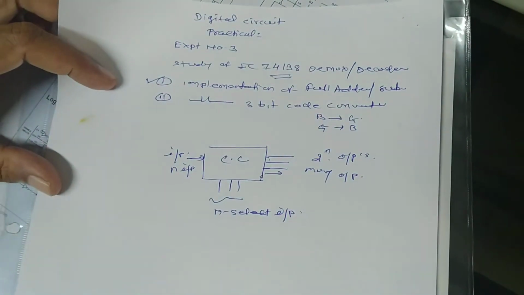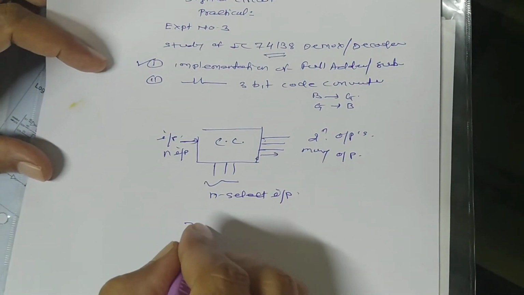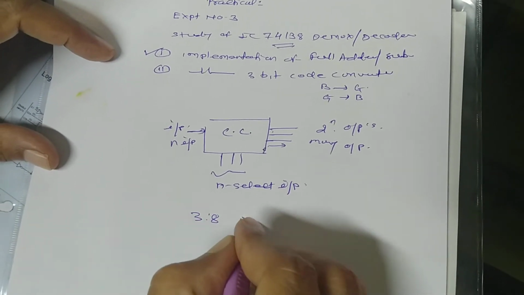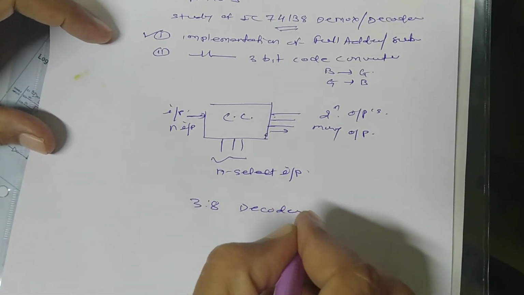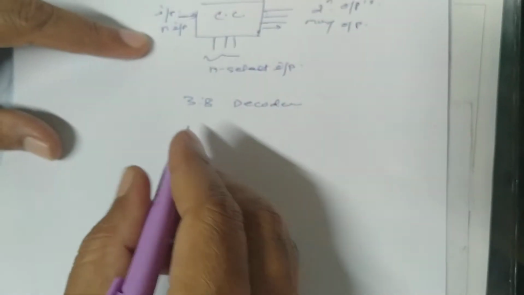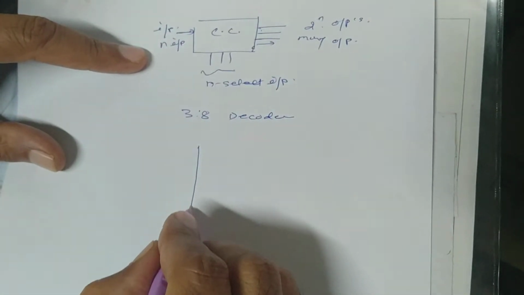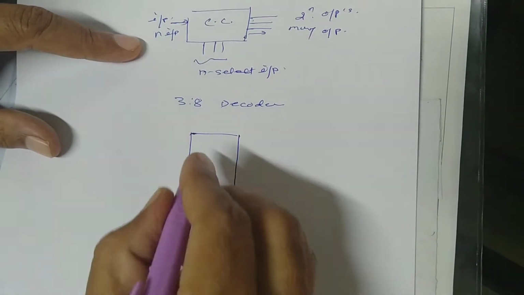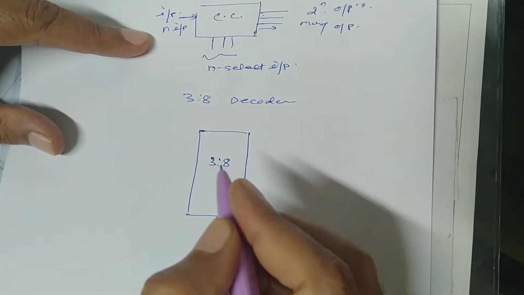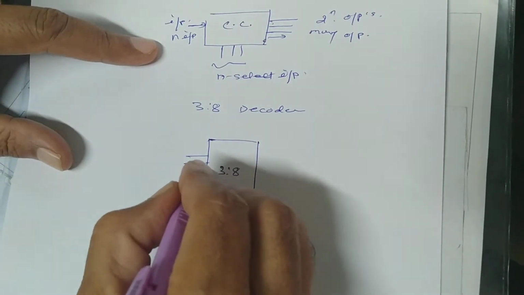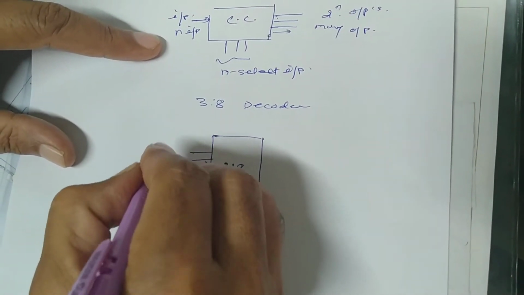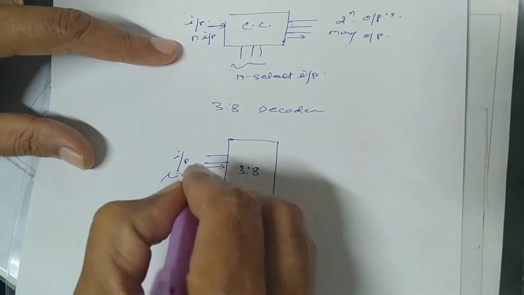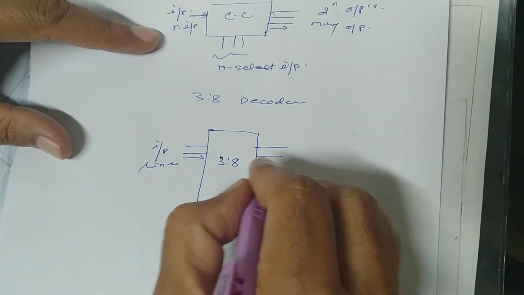It is a 3:8 decoder IC. The block construction of this IC is like this: 3:8 means 3 input lines, these are the input lines, and 8 outputs.